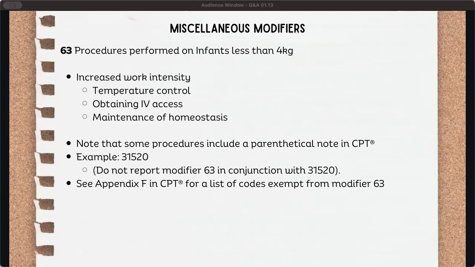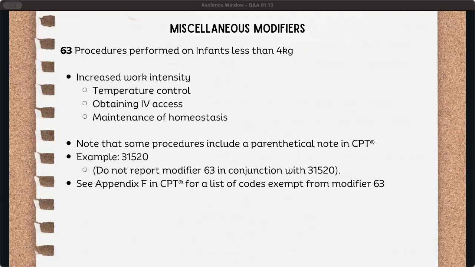So you want to make sure that you read the note that's part of the definition within Appendix A about the modifier 63 that indicates that some procedures do automatically include the work of a modifier 63 for infants that are less than 4 kilograms.